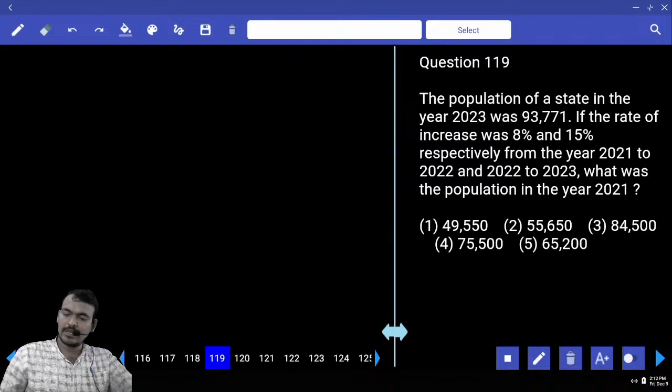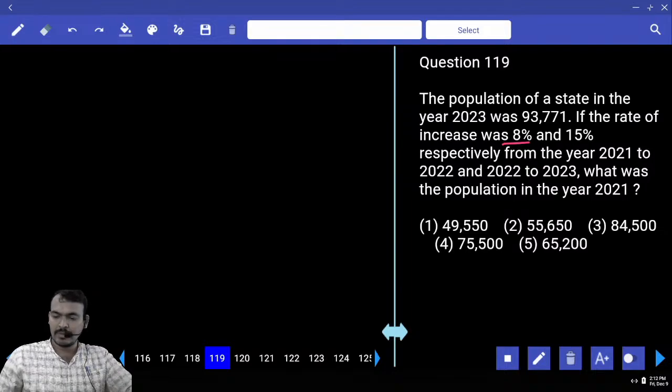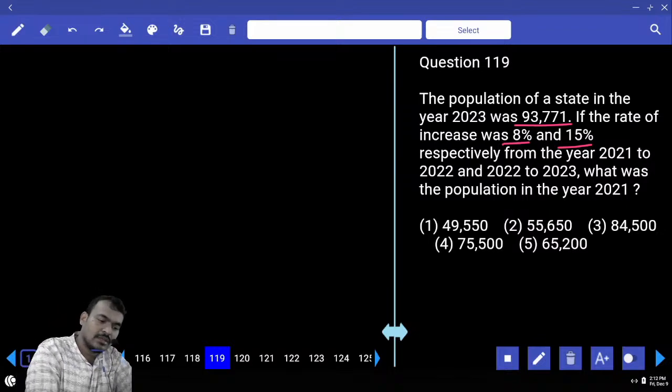In the first year, how much percent increased? 8%. Second year, 15%. After 2 years, the population becomes 93,771. Suppose we consider the initial population X.